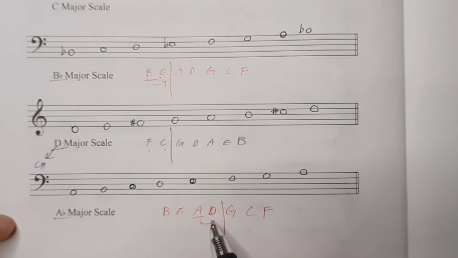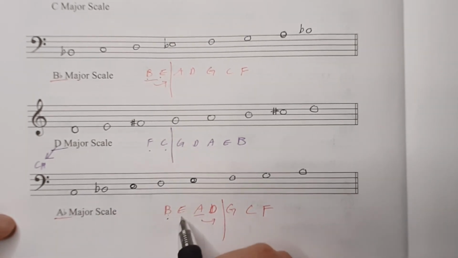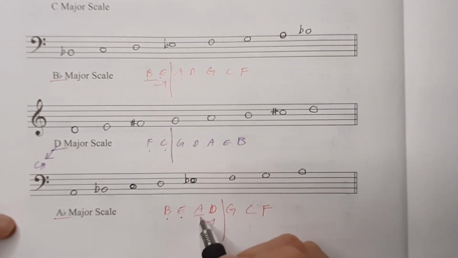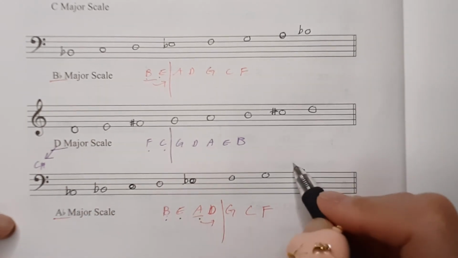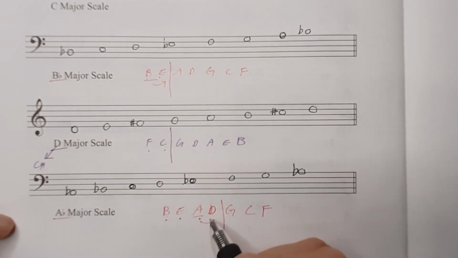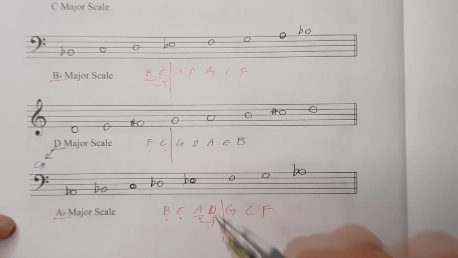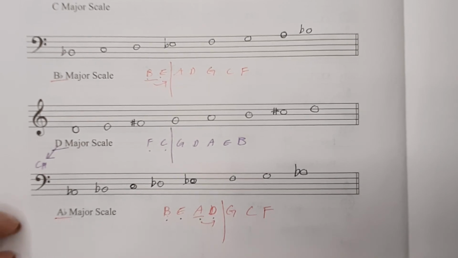So there are four flats. Let's do B flat first, and let's do E flat. Let's do A flat. Oh, A is the first one, so you gotta flat the last one too. And here's a D. Okay, four flats. The key of A flat major. Let's go to page 15.